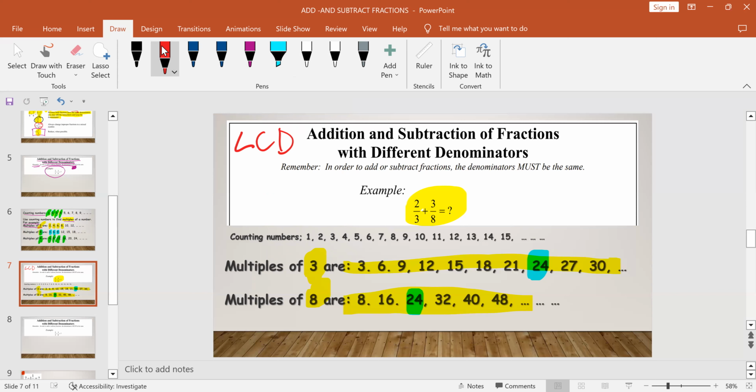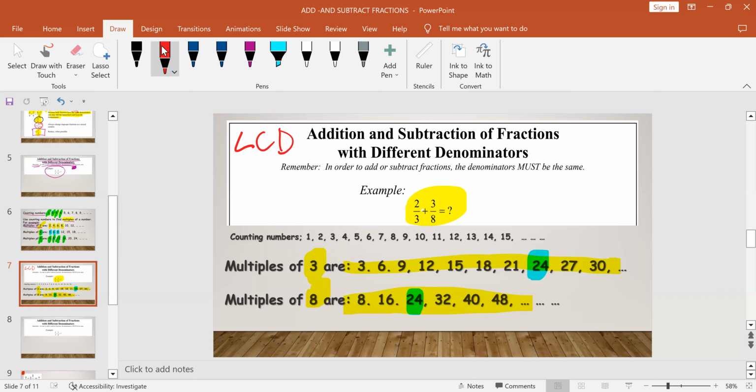To get this 24 from the 3, we saw that when we multiply 3 by 8, we get 24, which is the relationship between 3 and 24.